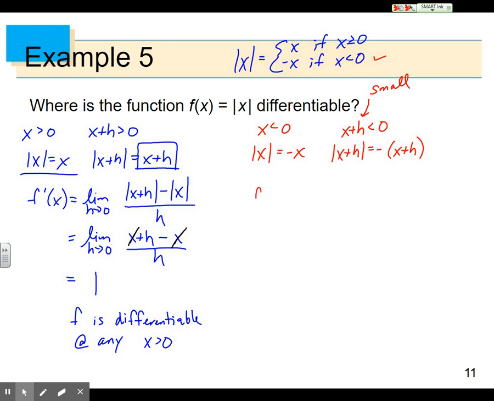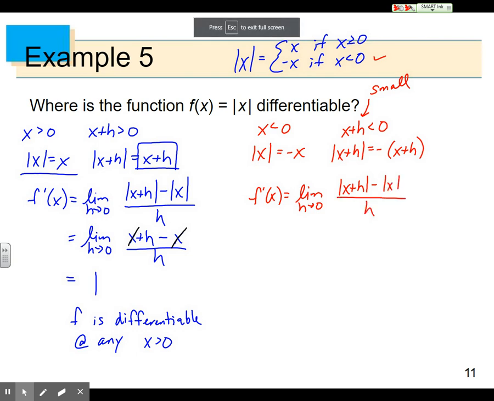So using the same math that I did earlier, using the same equation, whenever I take the limit as h approaches 0 of this function, this time it is going to give me some negatives in here. Let's see what that does to it. So negative x plus h minus x.